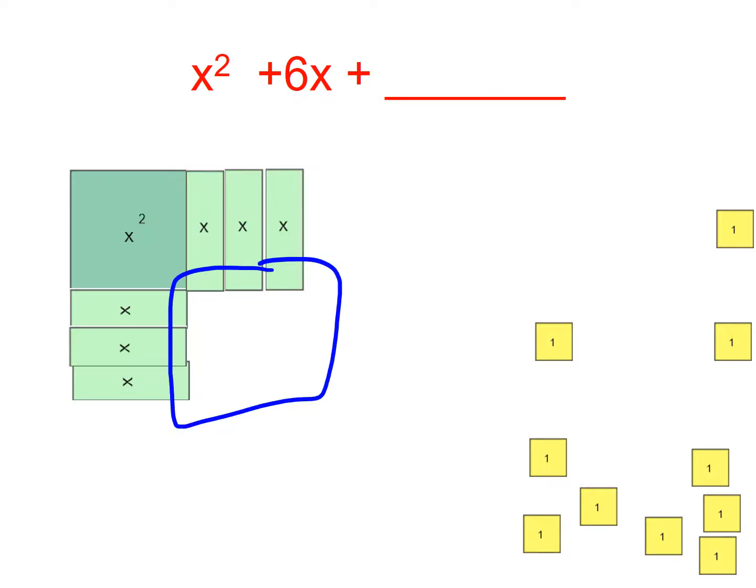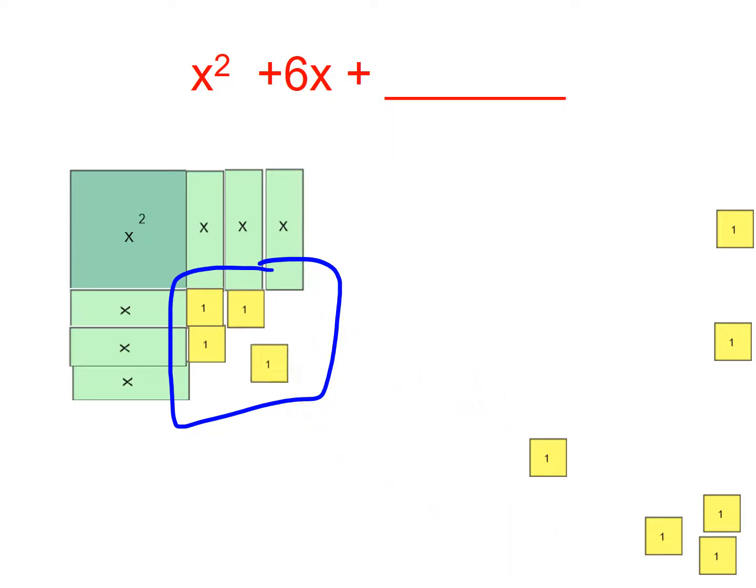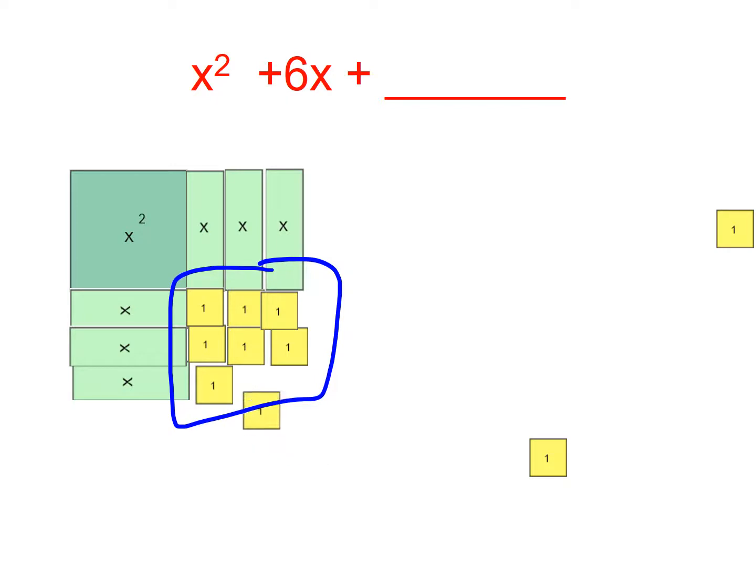How many of those little 1 square unit yellow boxes can fit in there, and that's going to be my C. So let's see. We have 1, 2, 3, 4, 5, 6, 7, 8, and 9.